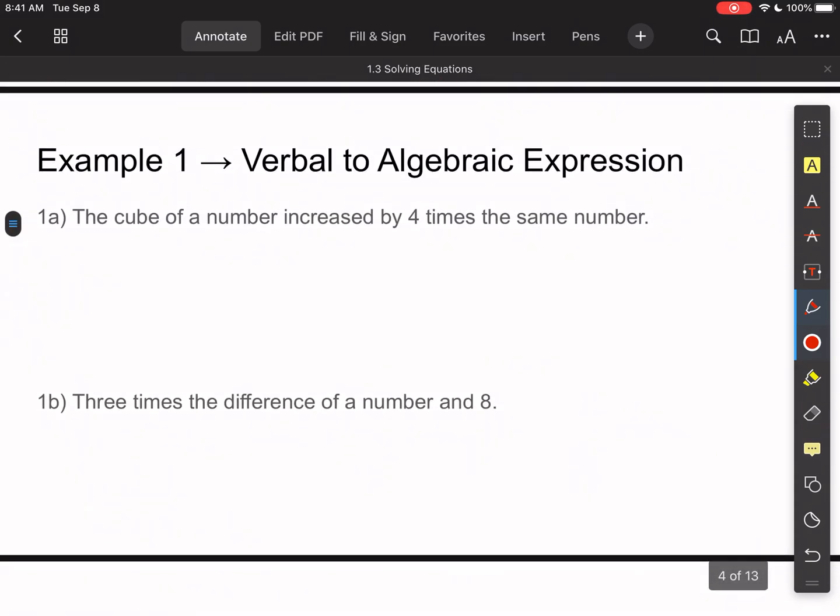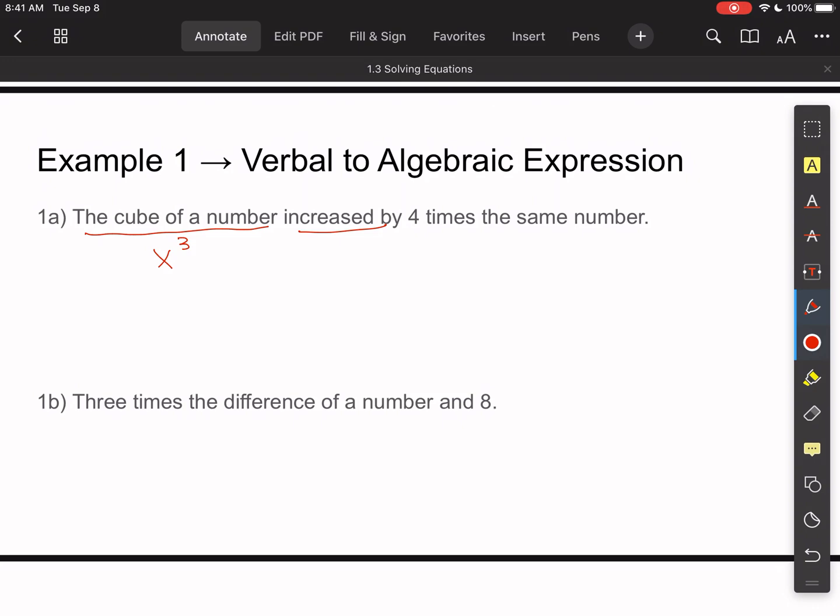Example 1, we're just going to be looking for some key terms here. So we're going to refresh some key terms with these verbal expressions. It says the cube of a number. We don't know what the number is, so we'll call it x. We'll cube it. And then it says increased by. That's when we think addition.